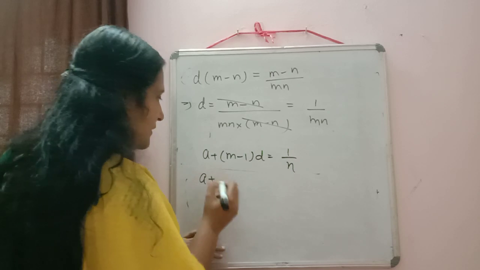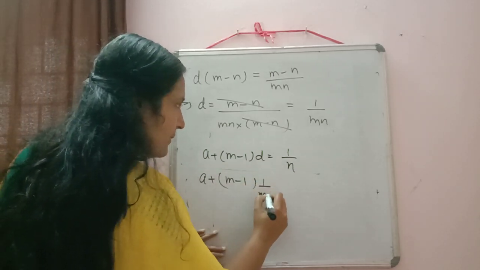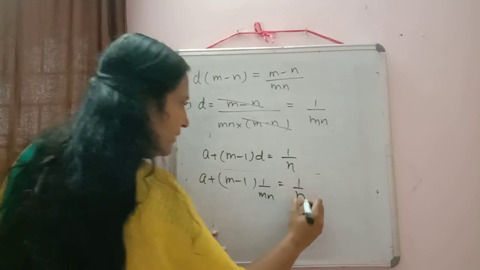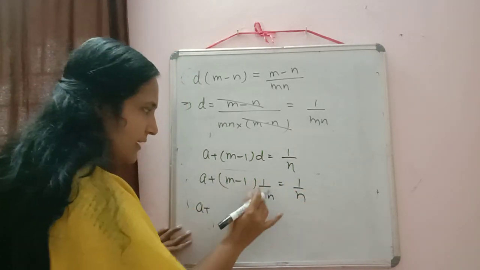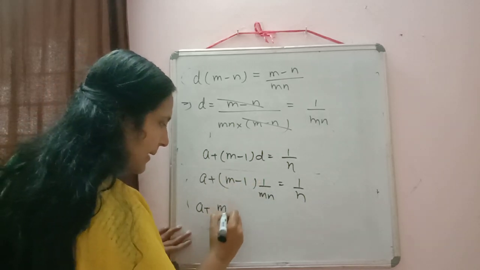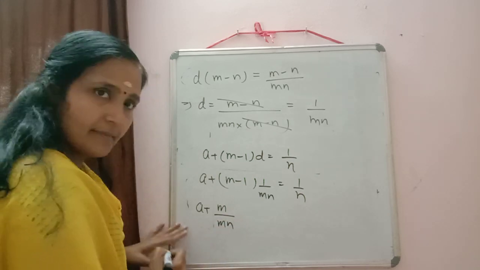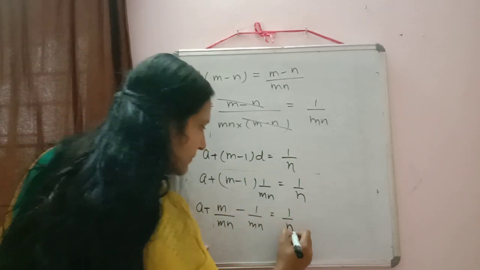So it will be equal to a plus m minus 1 into 1 by mn is equal to 1 by n. Now what I am doing? I am multiplying it by m minus 1. So it will be equal to m by mn minus 1 by mn is equal to 1 by n.